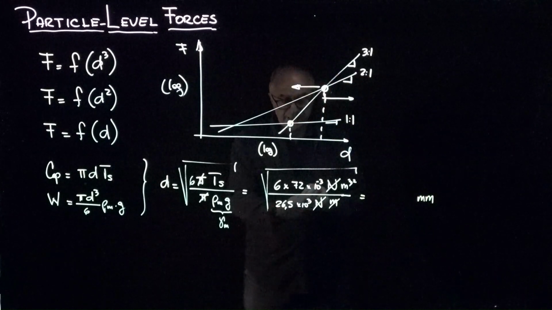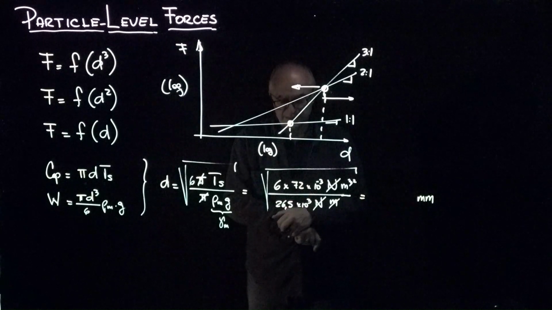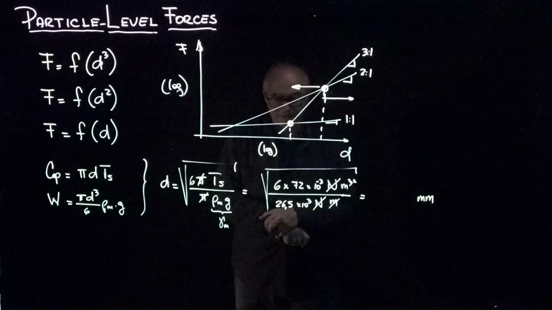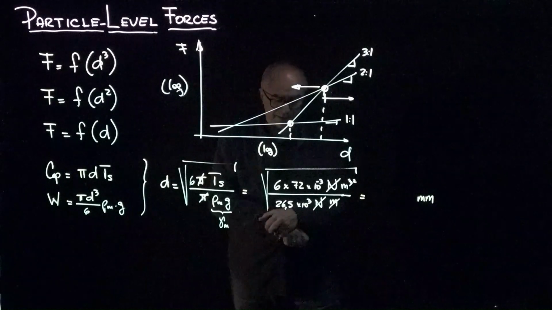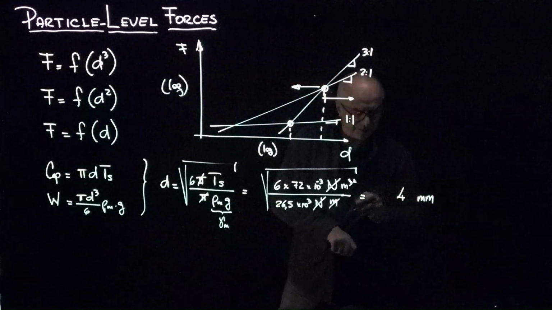And the only thing that we have left is 6 times 72 over 26. 72 over 26 is approximately 3, times 6 is 18, and the square root of that is about 3 or 4. And so let's put 4 millimeters.